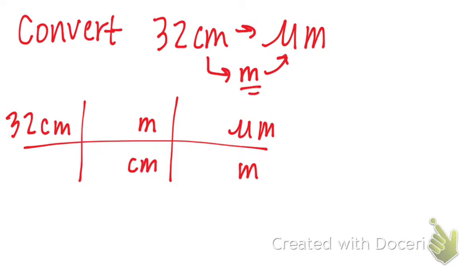Which one of these in this section of my chart is going to get the 1? Meters. And so how many centimeters are in a meter? 100. Okay, and then this section of my chart, which one's going to get the 1? Meters. And how many micro are in a meter?